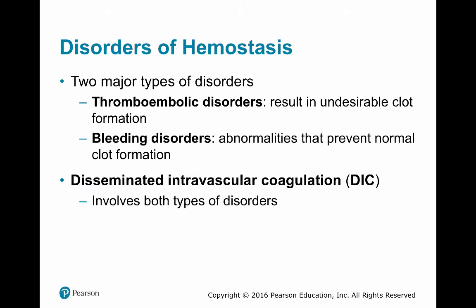So disorders of hemostasis, there's two major disorders. There's the thromboembolic disorders. These are the disorders that result in undesirable clot formation, and essentially bleeding disorders that lead to abnormalities that prevent normal clot formation.